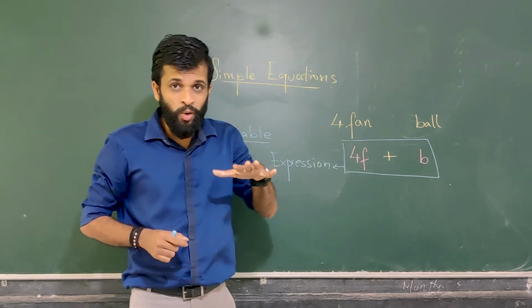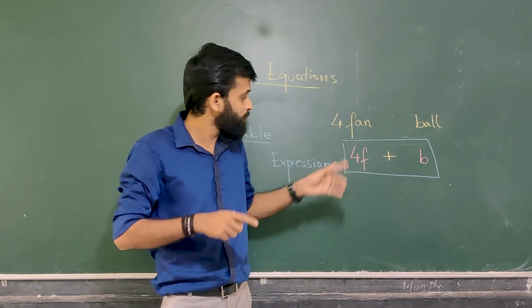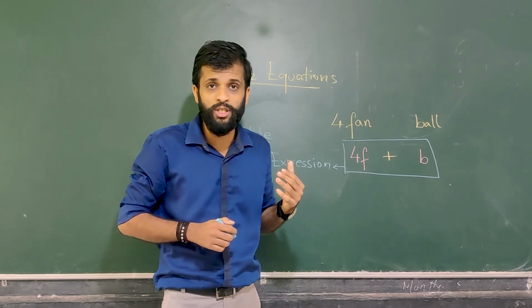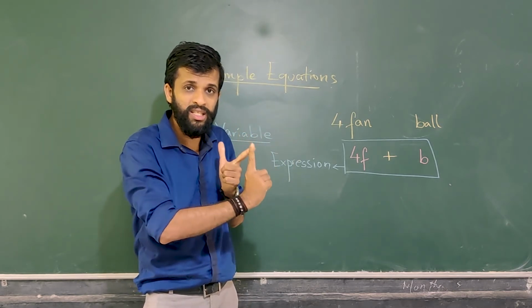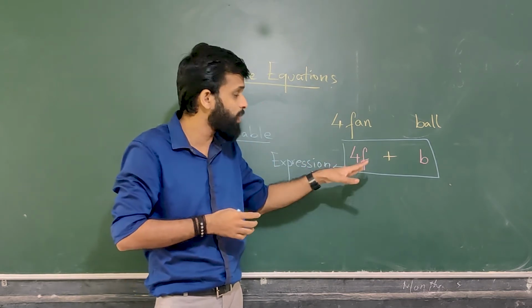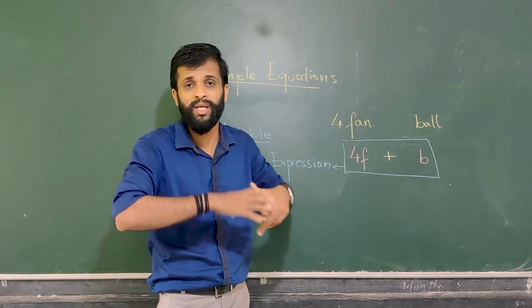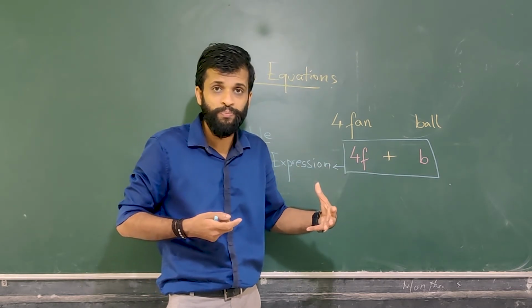So till now what we have seen is letters and numbers together. Numbers are called coefficients. Letters are called variables. Together, when you put a plus sign, minus sign, multiplication sign, or division sign, it becomes an expression.